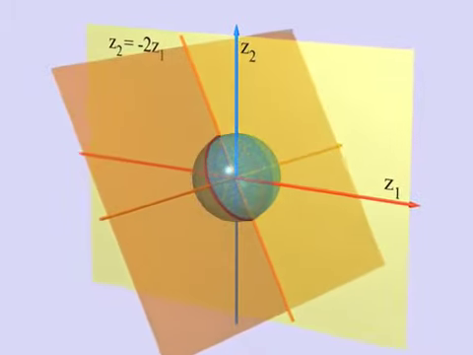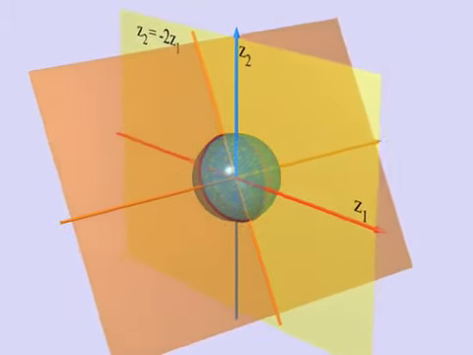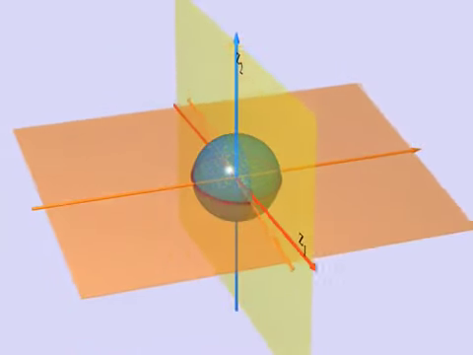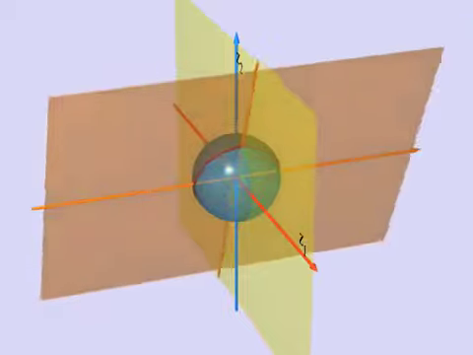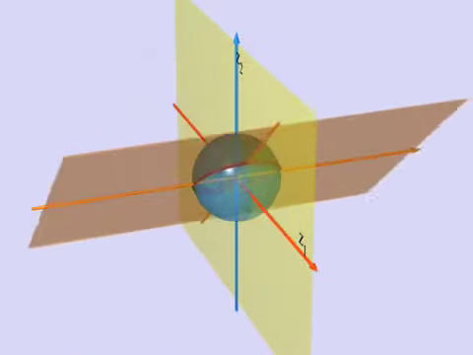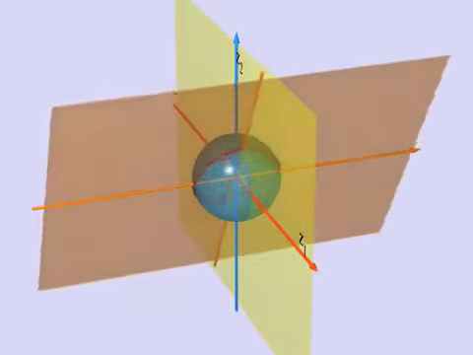But we could do the same with any line, z2 equals a times z1, for any complex number a. In this manner, the three-sphere in four-dimensional space is filled with circles. One for each complex line through the origin in our plane of two complex dimensions.